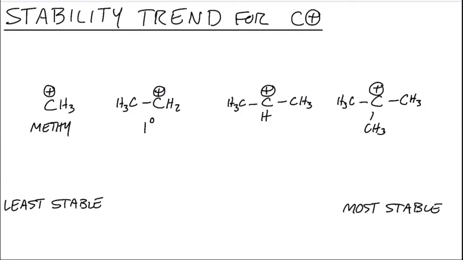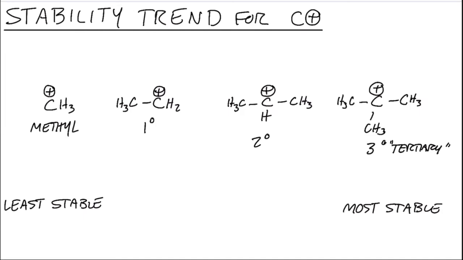And then this can go along, continuing the trend. If we have 2 neighbors that are able to help stabilize, that is a secondary carbocation. And if we get to the 3 neighbors, we call that a 3 prime. We also call that tertiary, which may be a term that you wouldn't have heard as often as primary or secondary. So if you hear me say tertiary, that's what that means: there's 3 carbon groups around a carbocation.